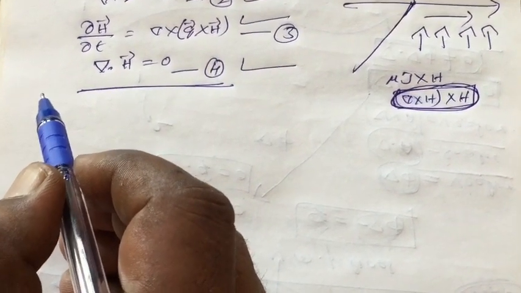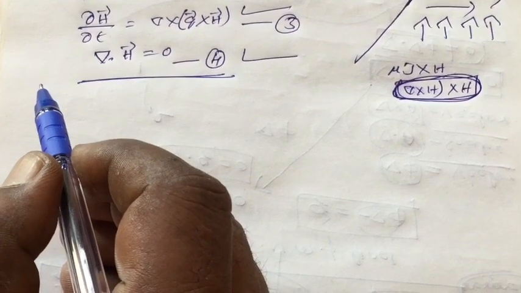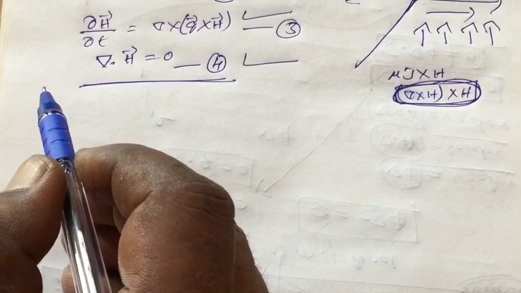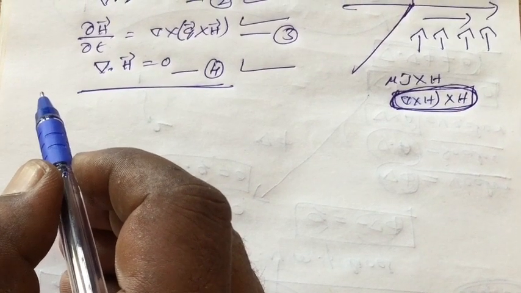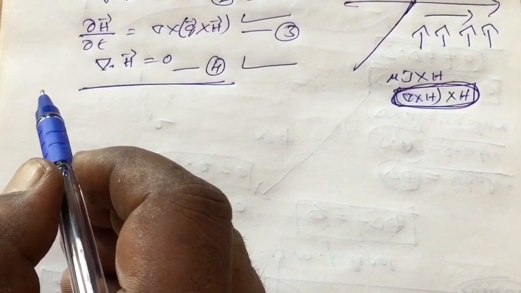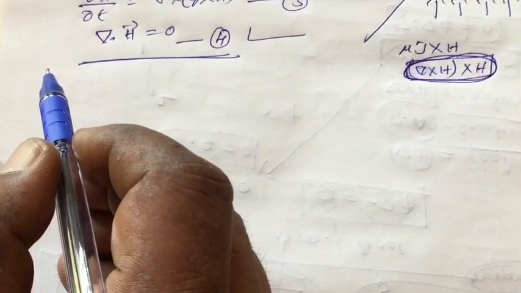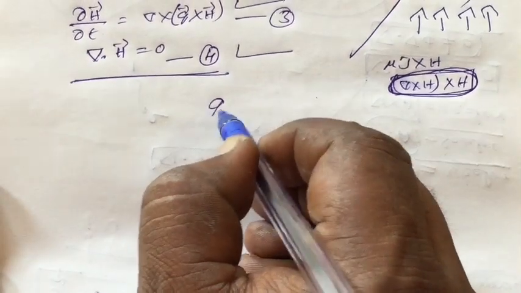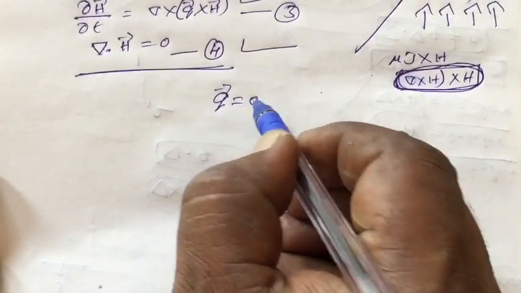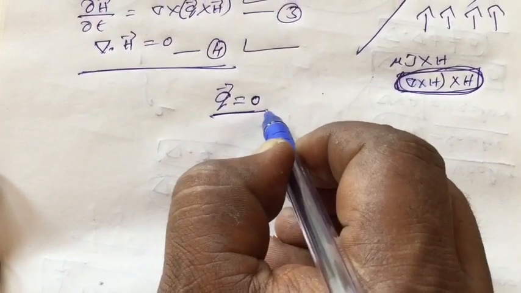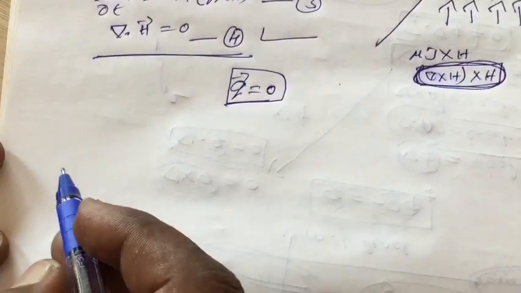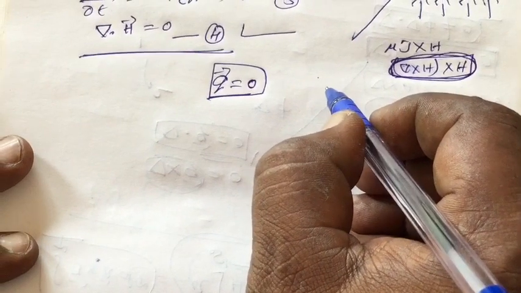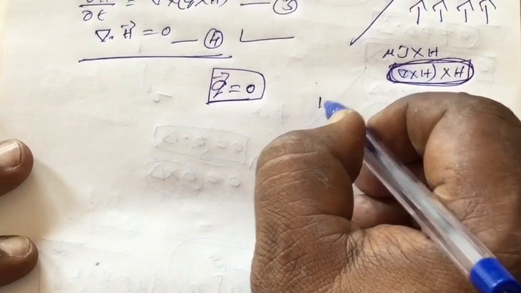Now we are going to derive the Alfvén waves. Consider a perfectly conducting, non-viscous, incompressible fluid with velocity 0, meaning a stationary fluid, in the presence of a uniform vertical magnetic field.